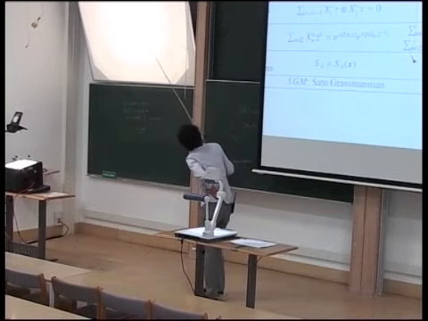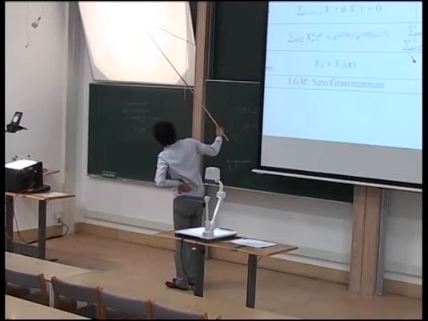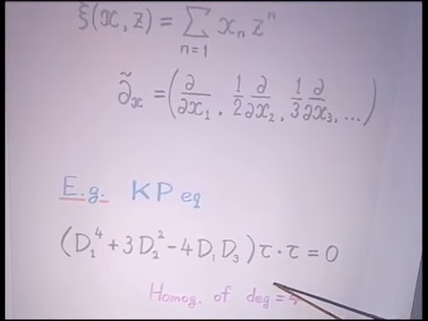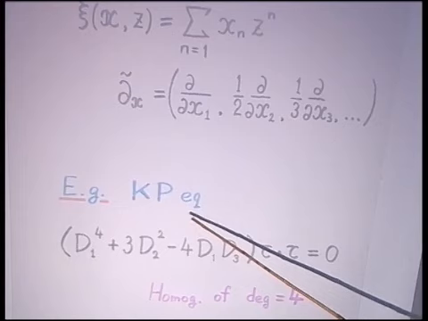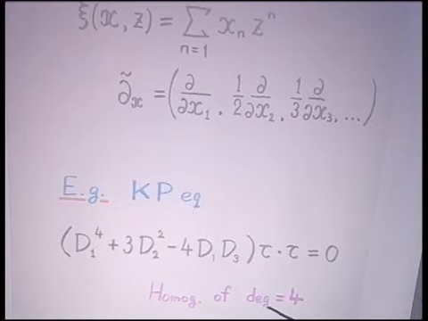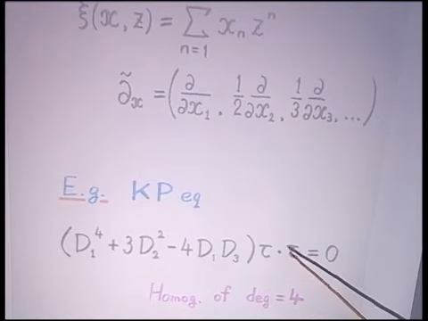So for example, the first non-trivial member of the KP hierarchy is this one. This is the original KP equation. Today I do not want to explain the definition of the Hirota derivative, but this is the Hirota derivative. And I'd like to say that this equation is homogeneous by counting degree.